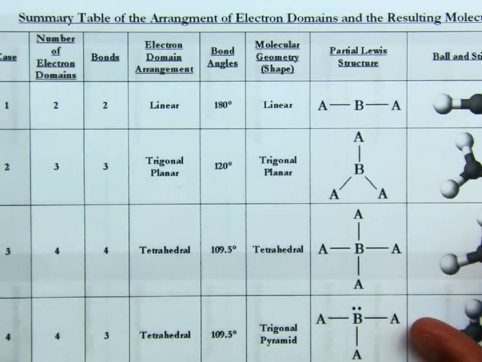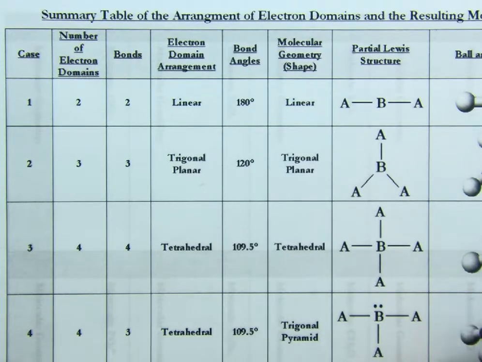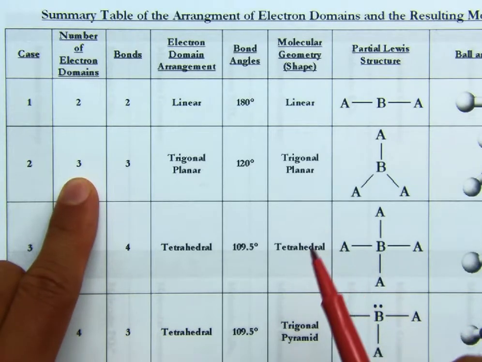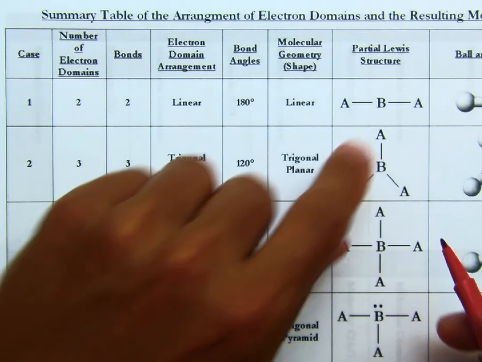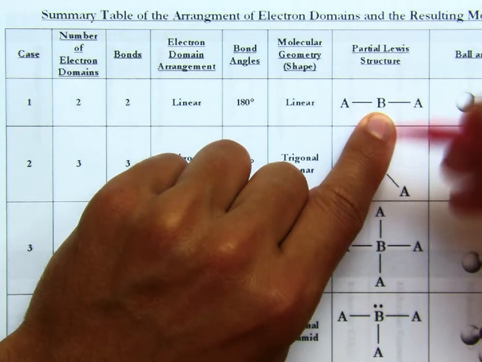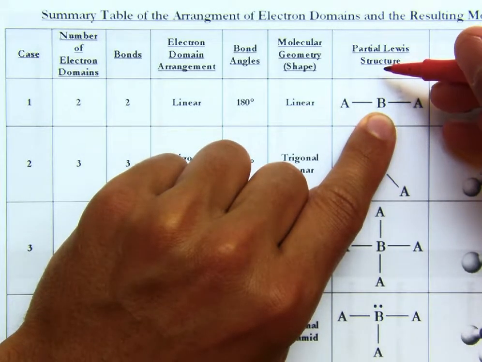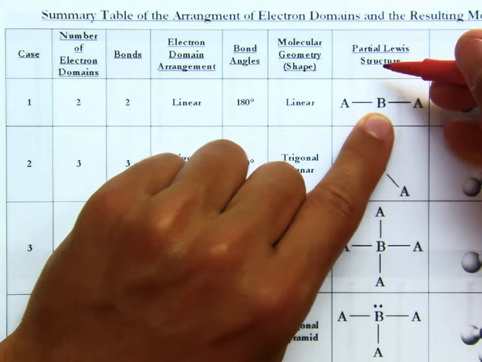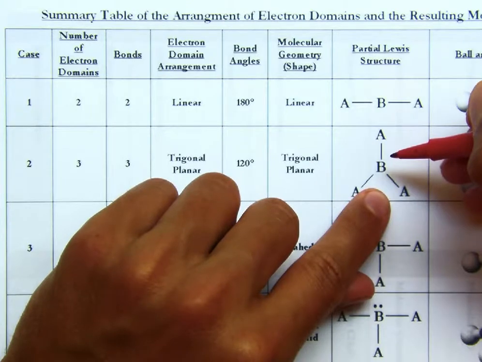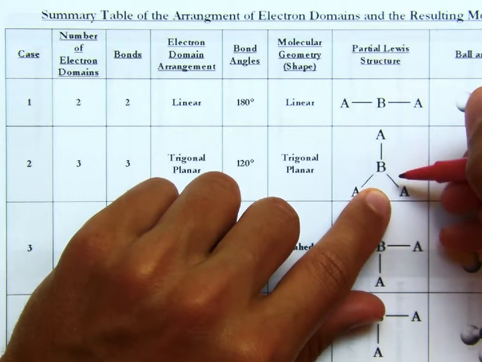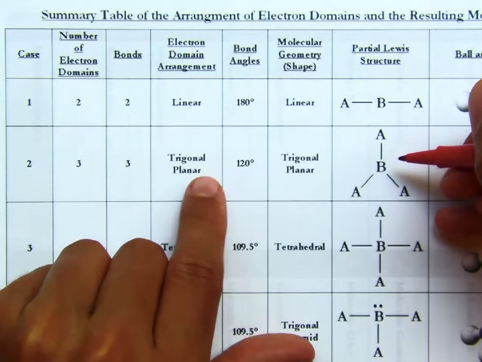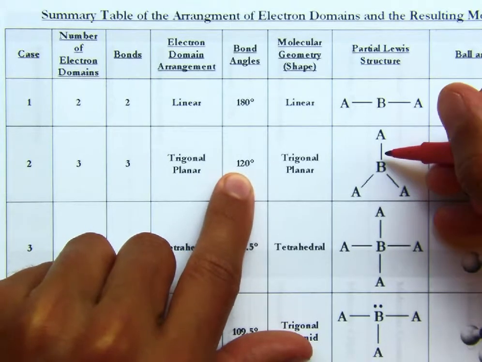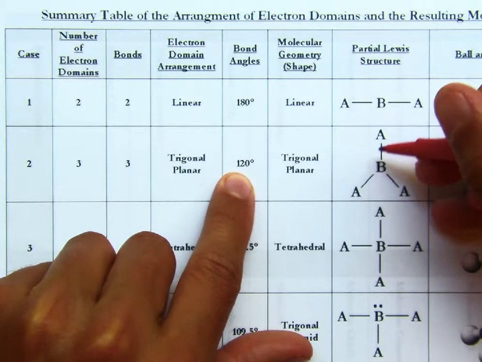So we have other situations. What if we have a third domain? A third domain is going to make it so that, if we added another domain to this, you wouldn't maintain 90-degree angles. Those 3 domains would get as far apart as possible, like this. This bond angle right here is 120 degrees, because 120 times 3 is 360.